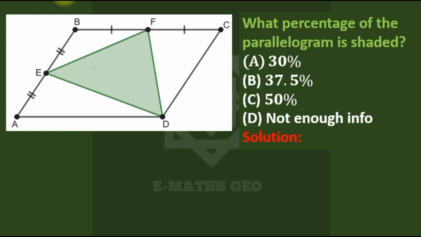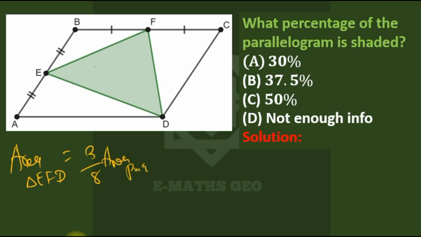So once you form a triangle with these 3 points, the area of the triangle EFD is always 3/8 of the area of the parallelogram. Yes, I'll show you how.